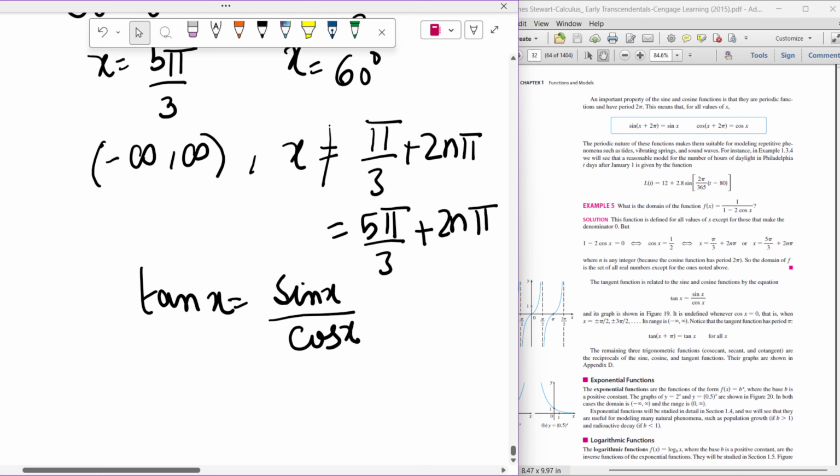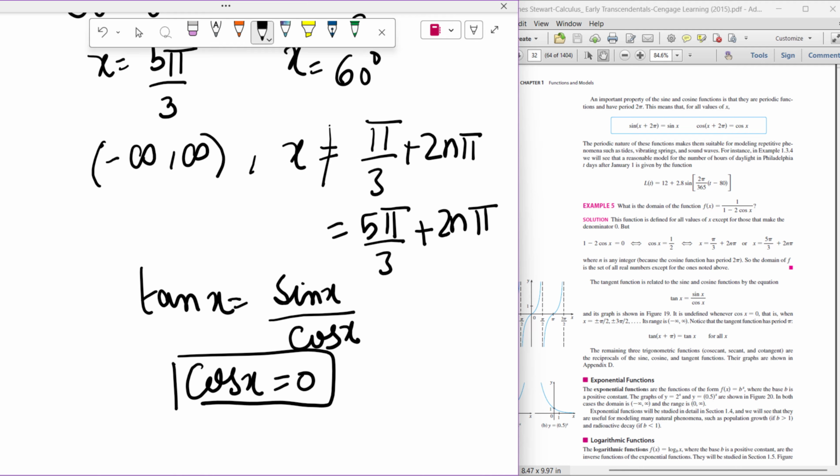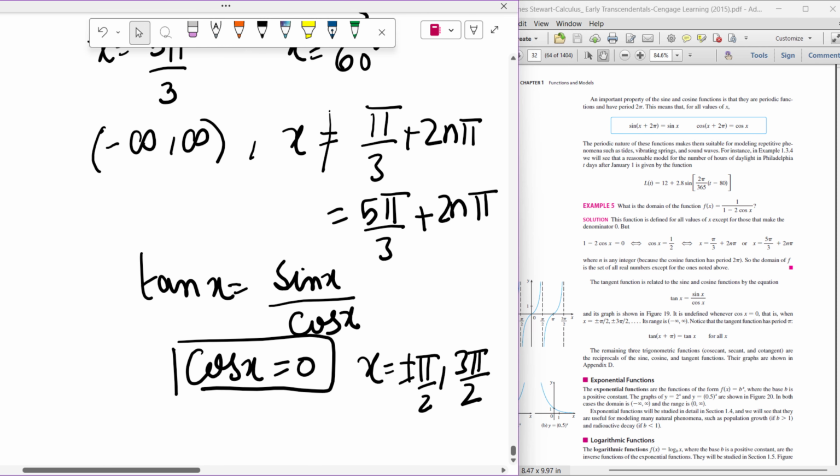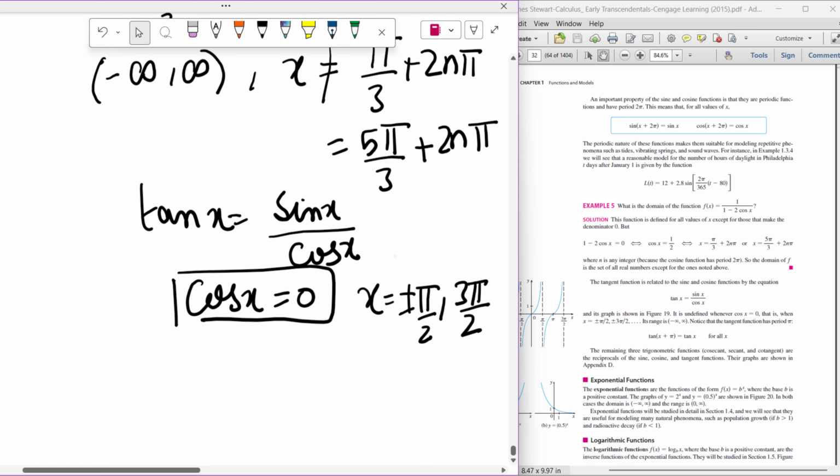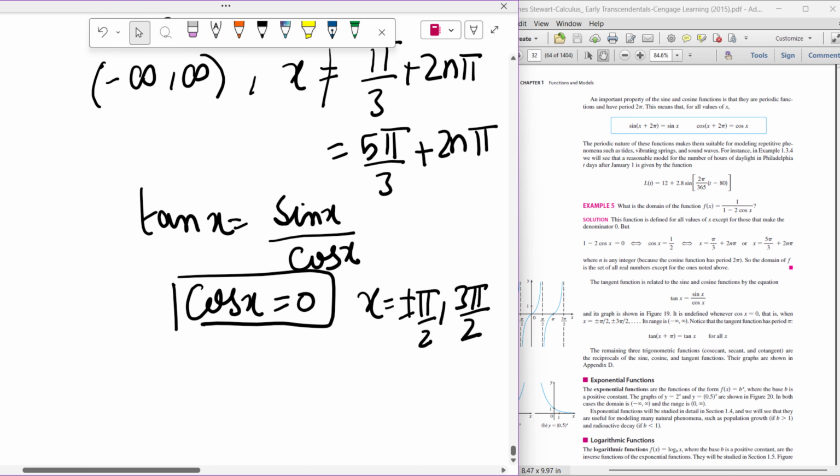So again, I can derive that the function is undefined when cos x is equal to 0. The value where cos is 0 is at plus minus pi by 2, similarly 3 pi by 2. For all these values, cos x will be equal to 0. So for all these values, the tangent function will be undefined.